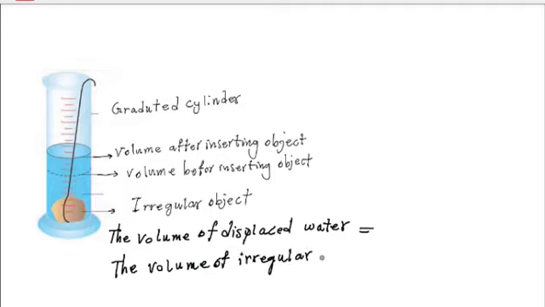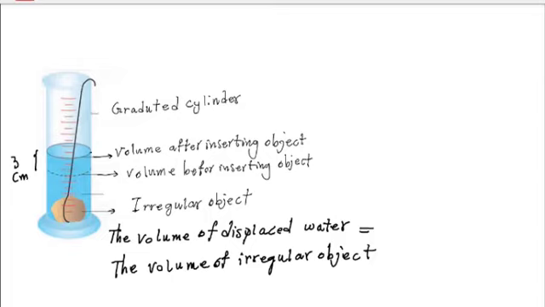So if we, for example, insert an irregular object like a rock inside a graduated cylinder like that, and for example the water has risen 3 centimeters, then since the graduated cylinder has a well-shaped design and it's a cylinder, we can find its volume easily.